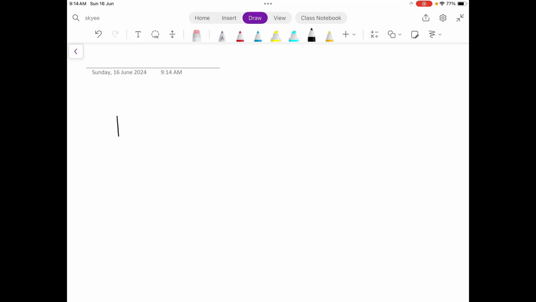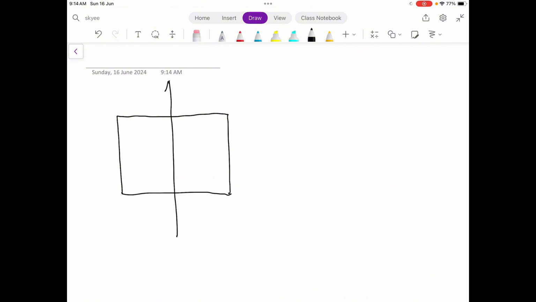So I will draw the square here, by putting the axis so that it is easier for me to refer. The length is 5 meters, so the point over here is 2.5, negative 2.5, right?